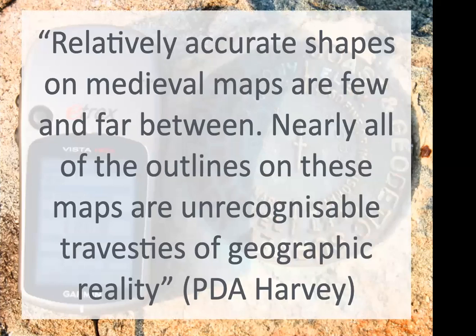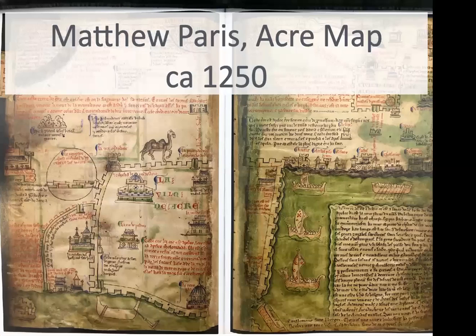And the errors that they made were compounded by successive copying. So somebody drew a map, somebody copied that map and added some new features to it. And each time the shape got distorted. You know, geographic accuracy was not a feature of these early maps at all. And it's very important to recognize that and keep that in mind when you're looking at these maps.